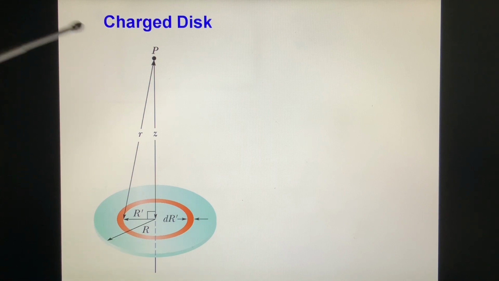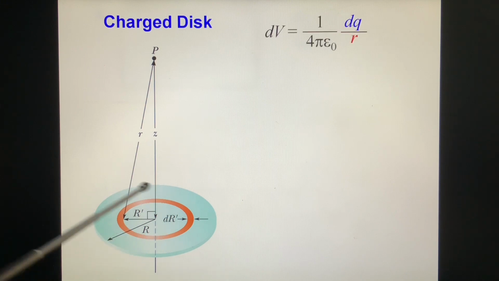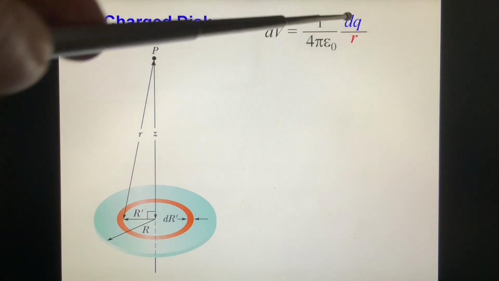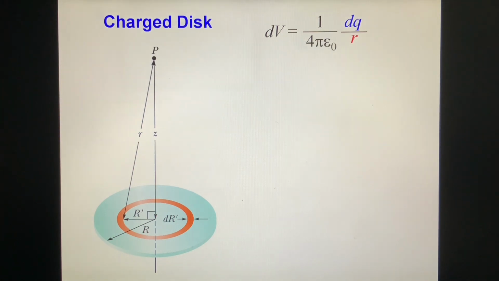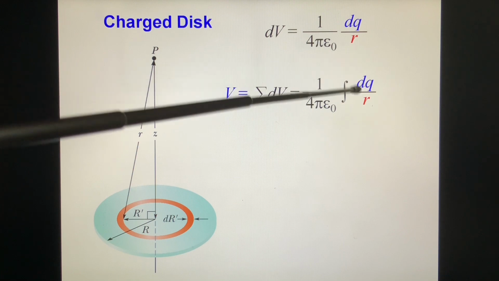Because V is a scalar, we can add them together by symmetry. So the dV produced by this ring is dQ over R times the constant.